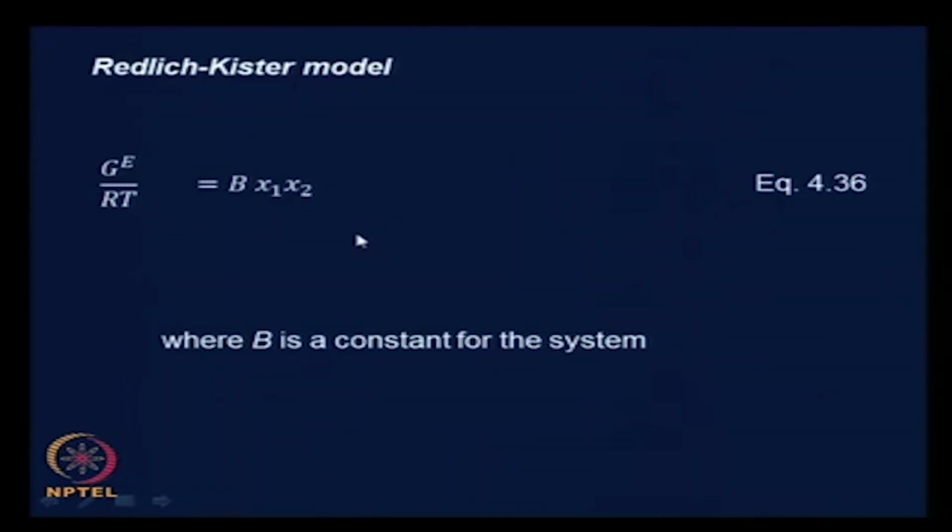What was started in class and left as homework was to derive the expressions for ln gamma 1 and ln gamma 2 for the Redlich-Kister model using the same procedure as we did for the Margules model.